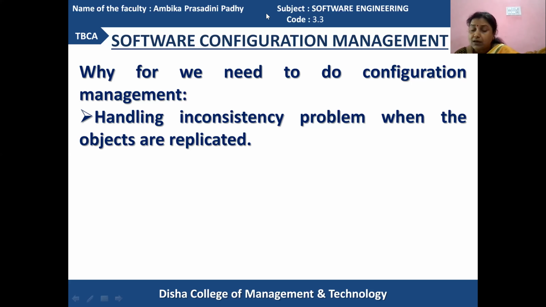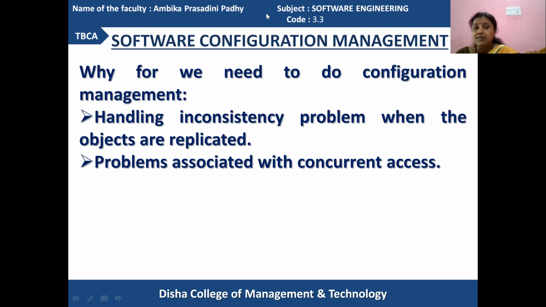Got it? We can view some other problem that may arise, that is problems associated with concurrent access. Now we have come to a point where a single copy of the source code is available and it is going to be modified by different users or developers. At the same time, a number of developers making changes on the single copy may also create several other problems.